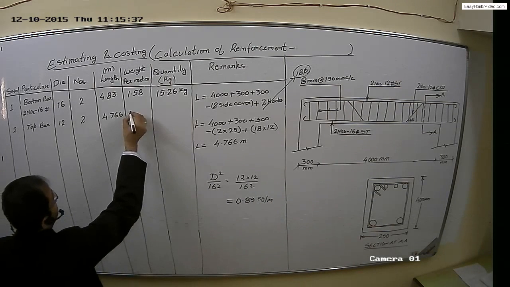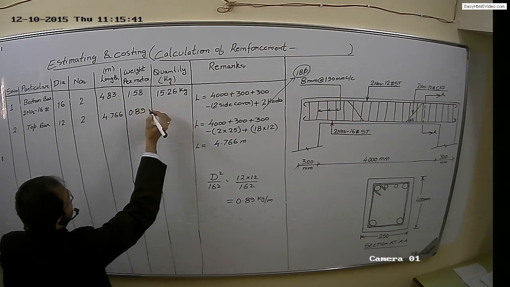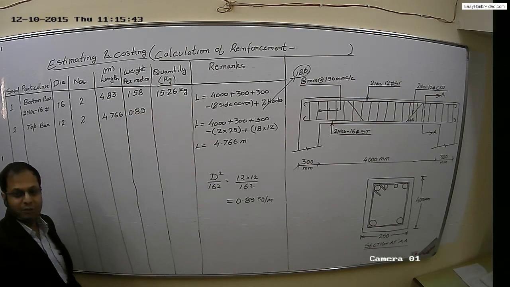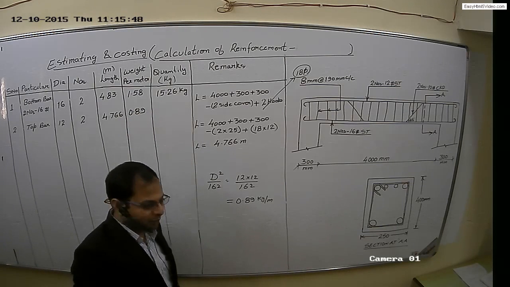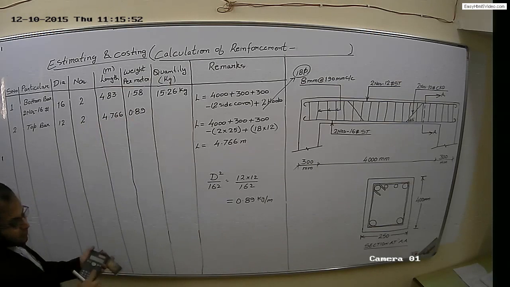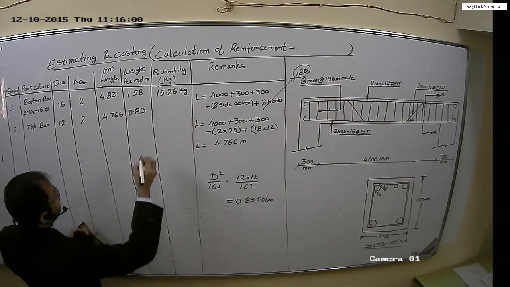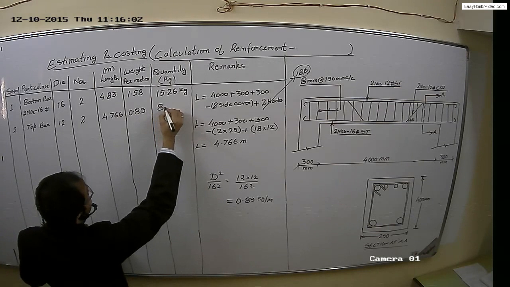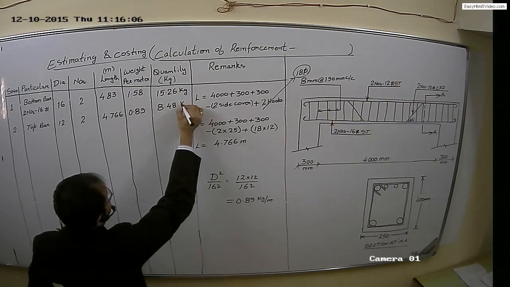So you have to write here 0.89. Now the total quantity can be calculated by multiplying the number, the length and the weight per meter. We will get 2 into 4.766 into 0.89, which is equal to 8.48 kg.